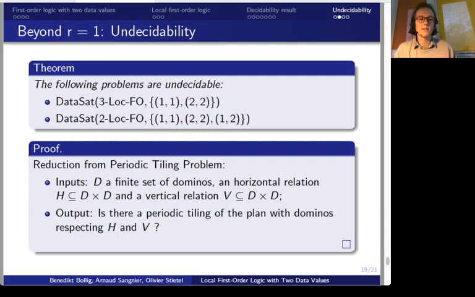We take as input a finite set D of dominoes, and two relations H and V, specifying if the dominoes can be placed adjacent horizontally or vertically. And the question is: is there a periodic tiling of the plane with the dominoes respecting H and V?